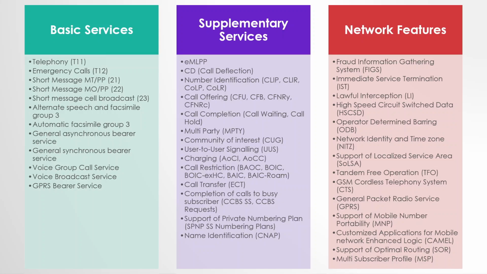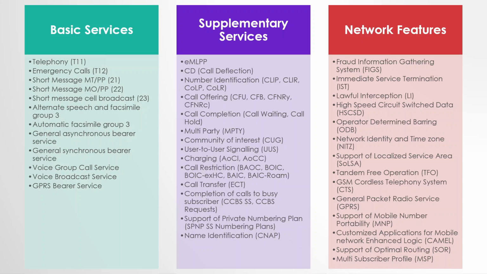Support of mobile number portability, which offers an ability for a mobile subscriber to change the mobile subscription network within the same country while retaining the original mobile phone number. Customized application for mobile network enhanced logic (CAMEL), which provides the mechanisms to support services consistently independent of the serving network.